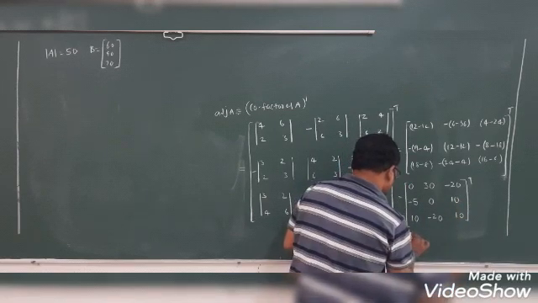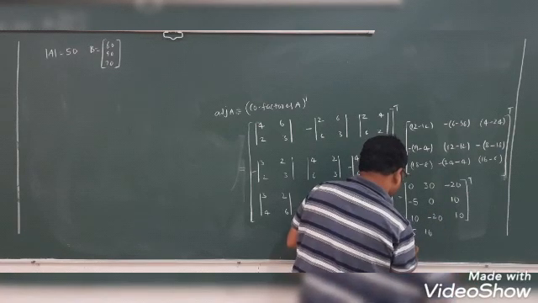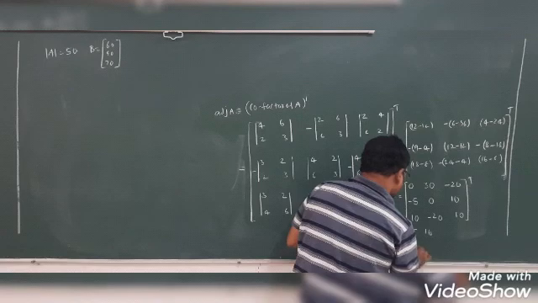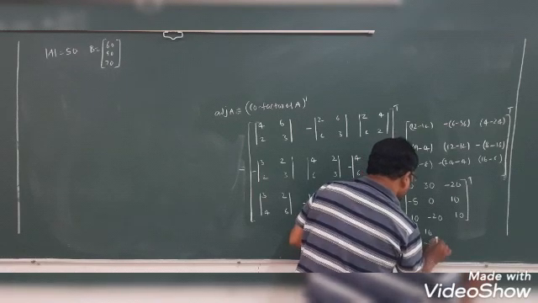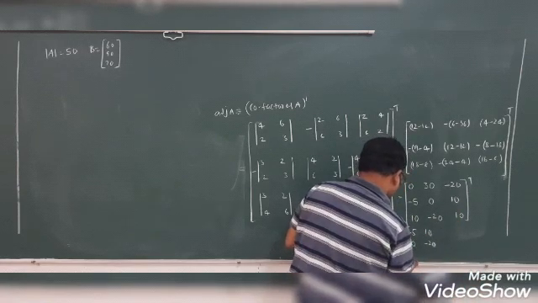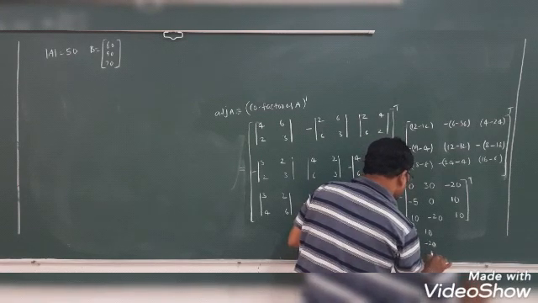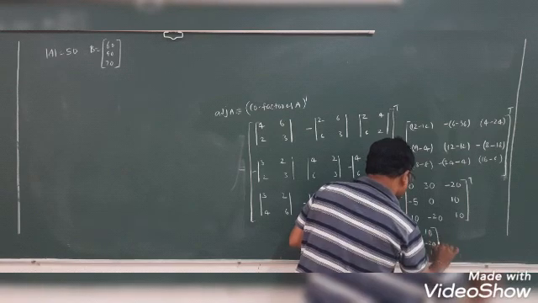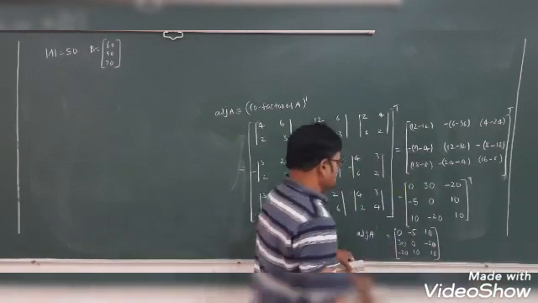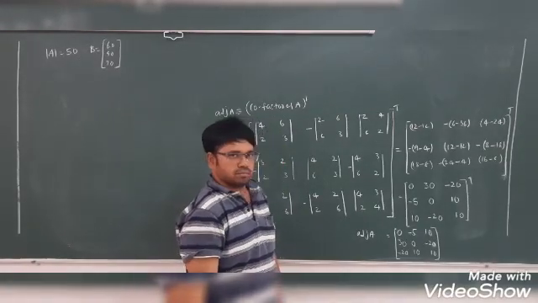This value is 0, minus 5, 10, 30, 0, minus 20, and minus 20, 10 and 10. So this is the adjoint of the required matrix.